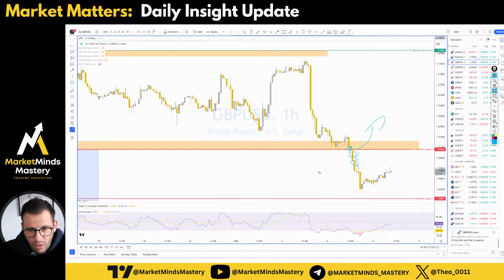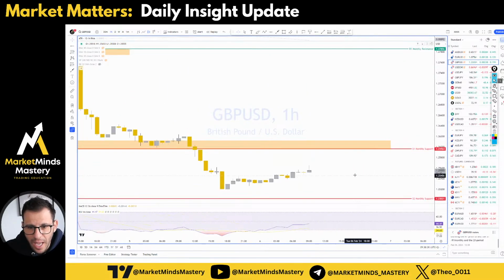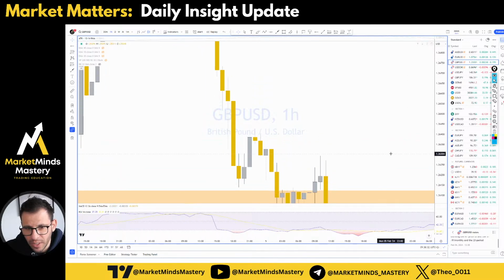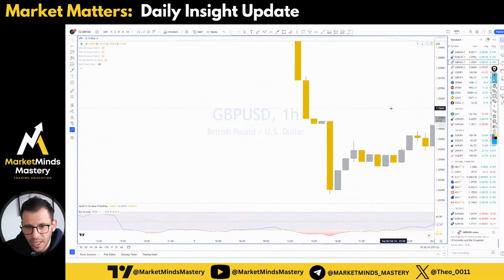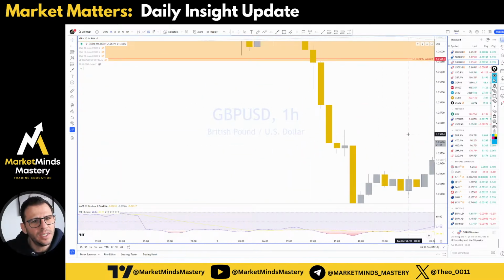During the New York session, one of the best opportunities was this weakness here. If you really start paying attention to the price action on the time frames, you can create some kind of understanding.